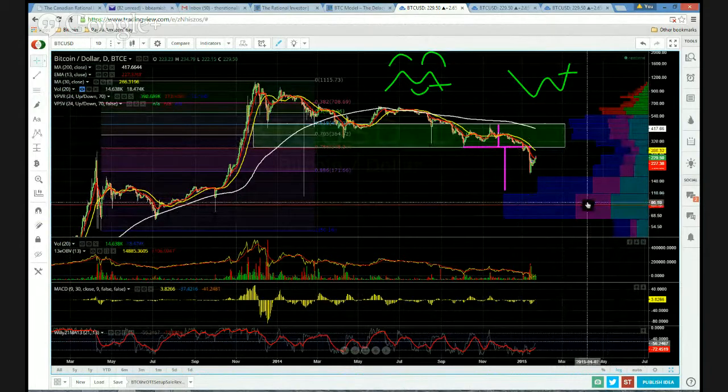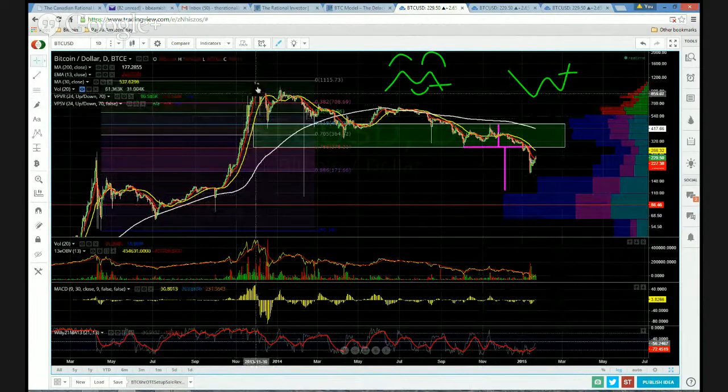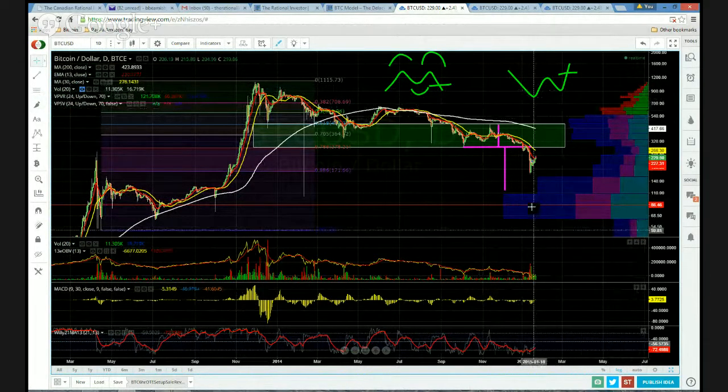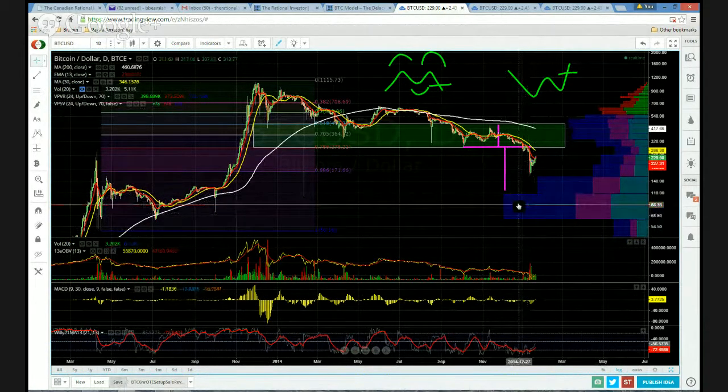And basically you can see that by far, even with all this nonsense all the way up to $1,000, you can see where the institutions and the smart money, or the whales as they call them in Bitcoin land, are long. They're basically long from about $75 a coin, right?